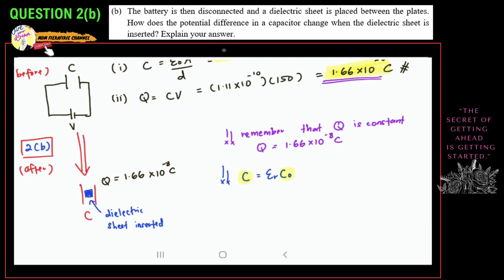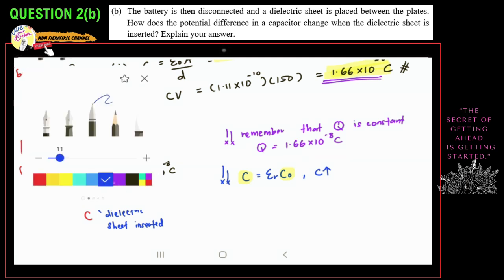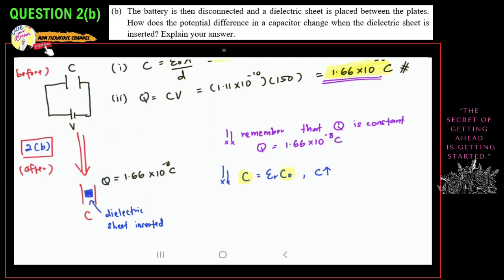So what happens when we insert the dielectric material between the plates? The capacitance of the capacitor should increase. If you want to answer the question, what is the change of the potential difference? Is there any change when we insert the dielectric sheet? We relate Q is equal to CV.